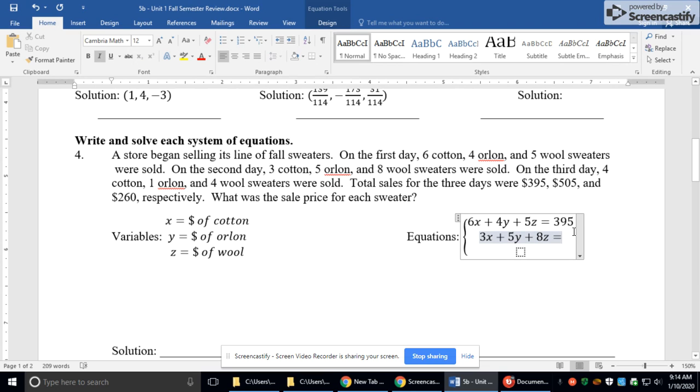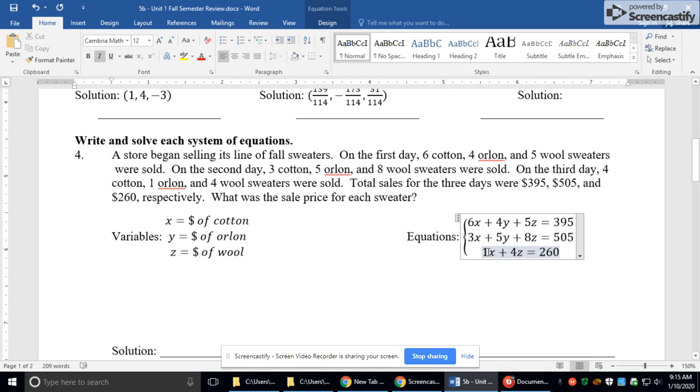And then the last one was 1 Orlon, so 1x plus 4 wool, 4y. Oh no, wool was z, wasn't it? So just z. And then that was equal to 260.